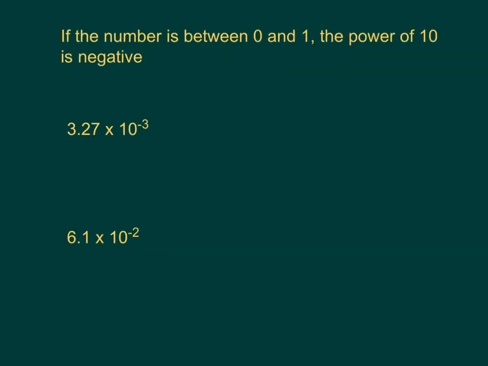Okay, now we're going to look at numbers that have a negative exponent. So scientific notation that has a negative exponent. The first one is 3.27 times 10 to the negative 3 power. So we start by writing our decimal, so 3.27 or 3 27/100ths, and we're going to move our decimal point to the left this time because when we have a negative exponent, our number's getting smaller.